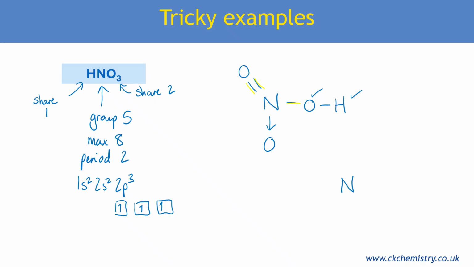Now let's draw it as a dot and cross. Oops, I'm going to do it over here. So double bond. Put the bonds in first. I like to draw my lone pairs as both dots. So that's got 6 electrons left because it accepted 2 from the nitrogen, it's not sharing any.